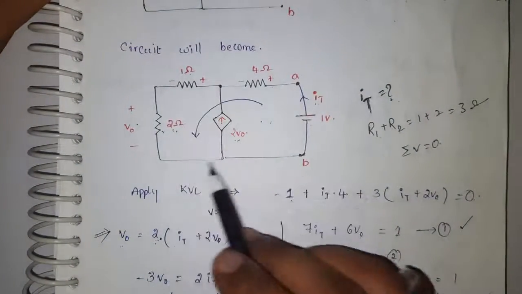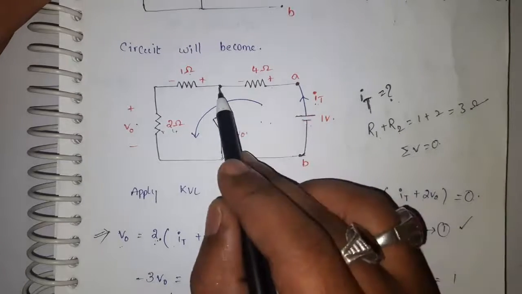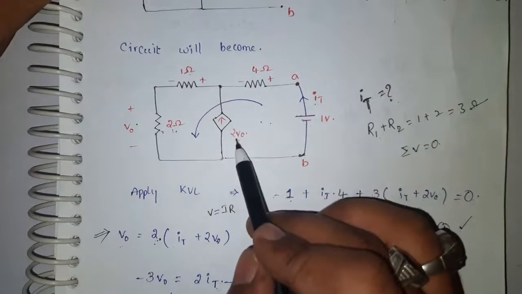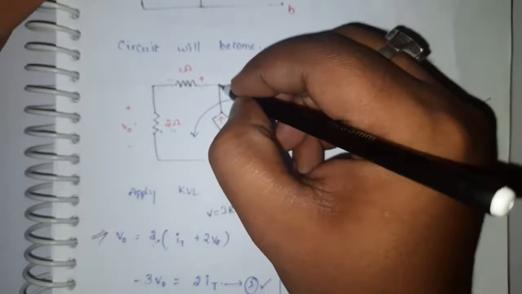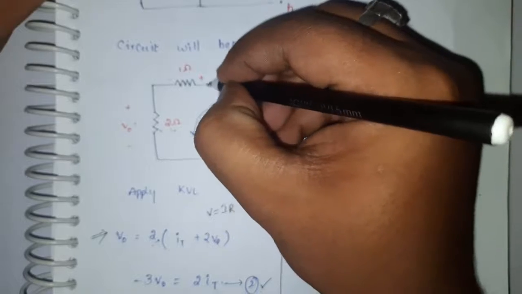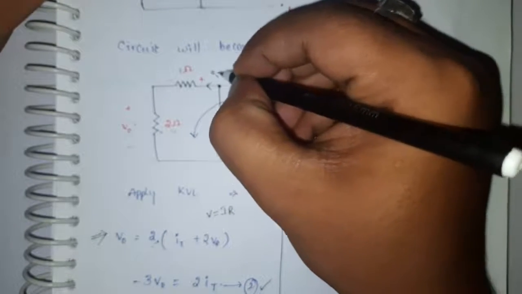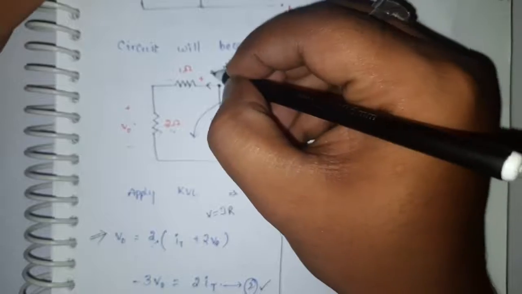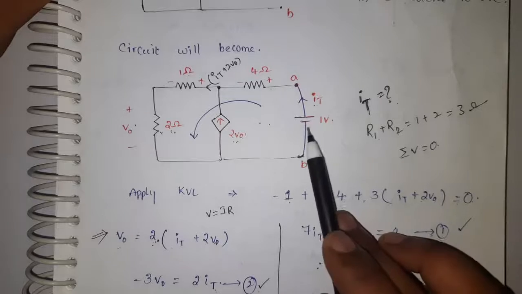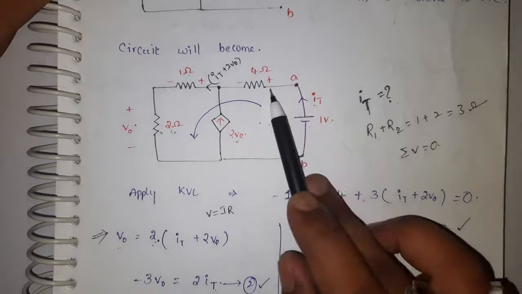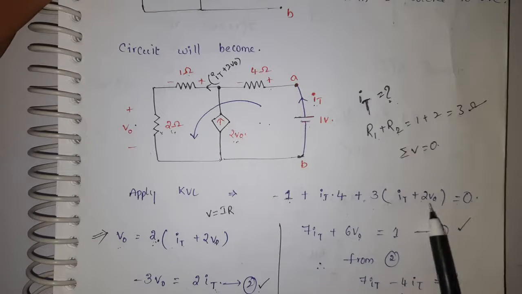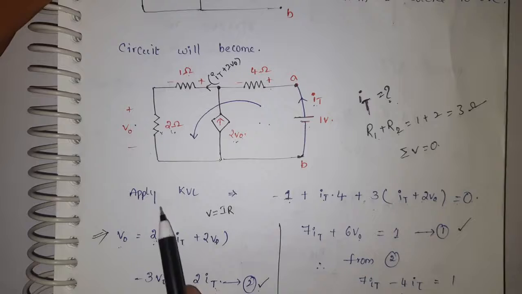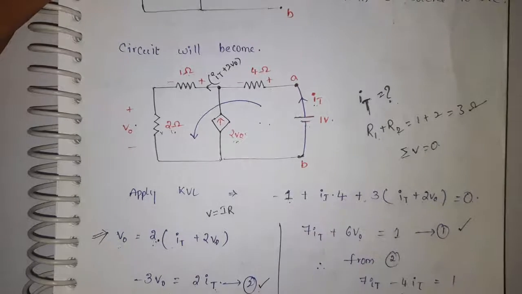The total branch current will be IT coming here, and the current source 2V0 coming here at this particular node. So IT plus 2V0 will be the branch current here. Once again, minus 1 plus 4 into IT plus 3 into IT plus 2V0 equal to 0 will be the KVL of this particular loop.